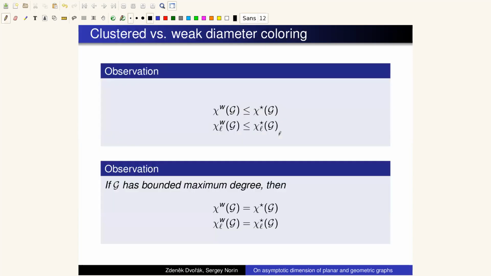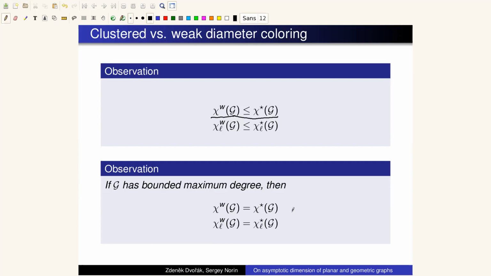And there are some obvious connections between the clustered and weak diameter coloring. So on one side, the weak diameter chromatic number is always at most as large as the clustered chromatic number, because if each monochromatic component has size at most s, then this component has diameter and therefore also weak diameter at most s-1, so it's also bounded.